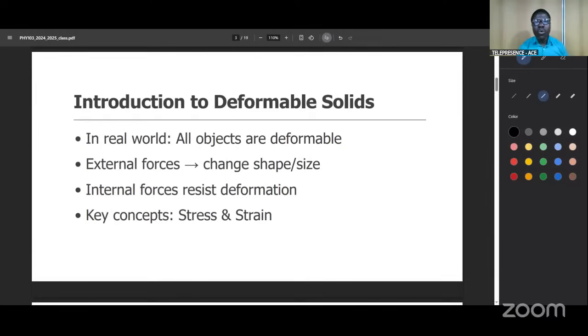For instance, that rubber band we mentioned, when you stretch it, of course, for you to stretch the rubber band, you need to apply a force. And what happens is that there is an internal force within the rubber band that wants to maintain its original shape.